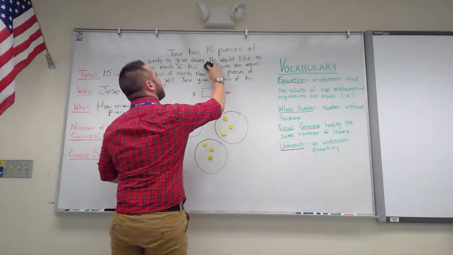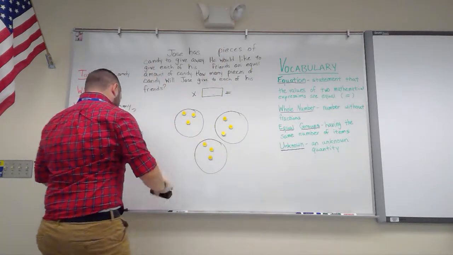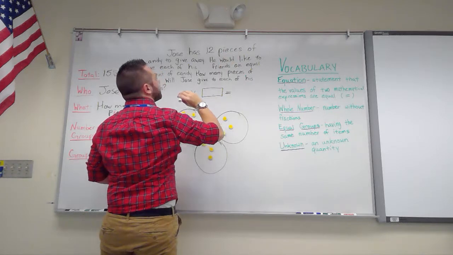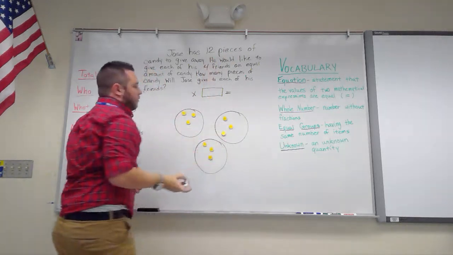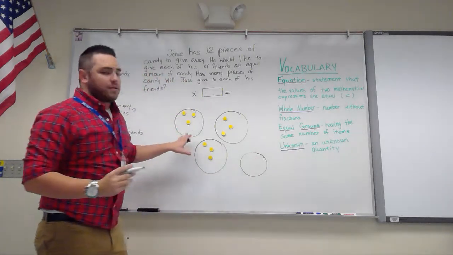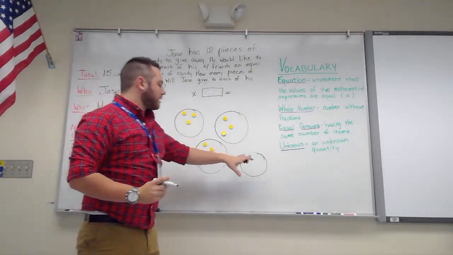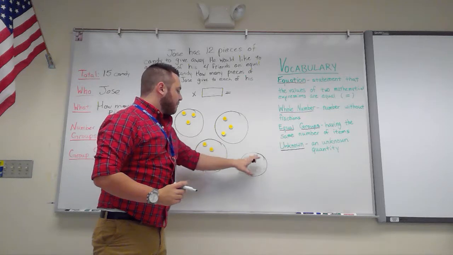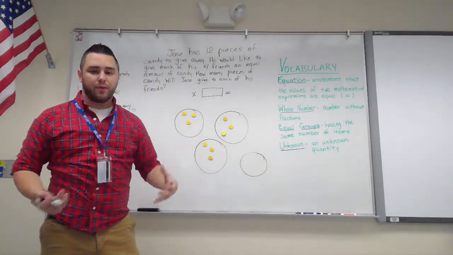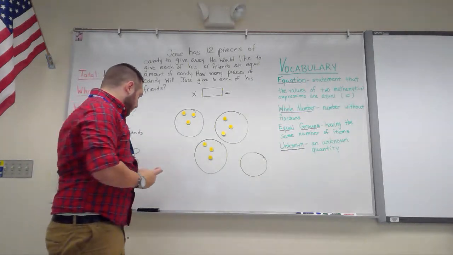So I would come up here to the problem, and we would say Jose has 12 pieces instead of 15, but this time he has 4 friends. Just to save time, I won't go through the counters again, but we could add a second group. We could add 3 more counters, and they would eventually see that 4 friends would then get 3 pieces, and so on.